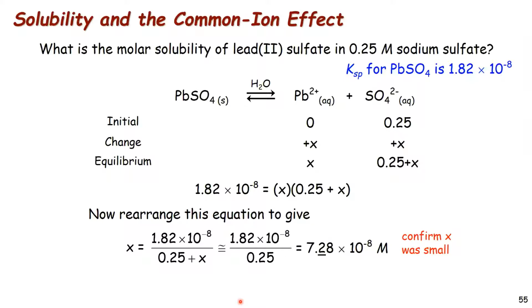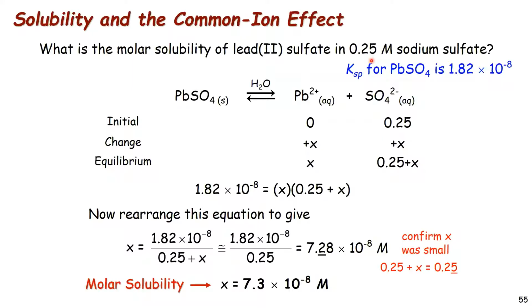That means the molar solubility of lead-2 sulfate in 0.25 molar sodium sulfate is 7.3 times 10 to the negative 8 moles of lead-2 sulfate will dissolve per liter of solution that contains 0.25 molar sodium sulfate. That is the molar solubility.